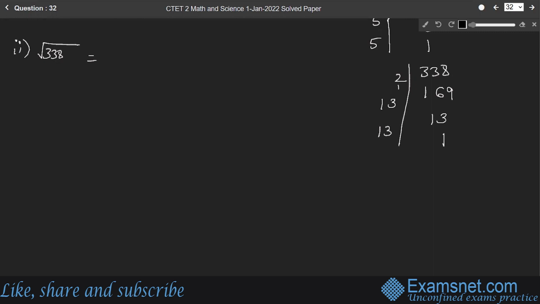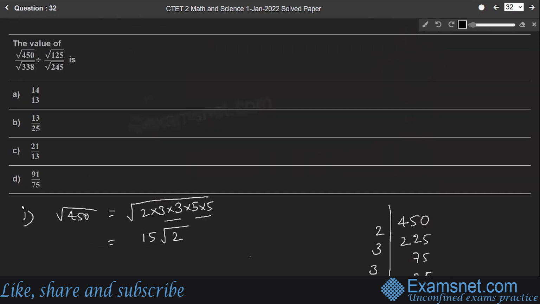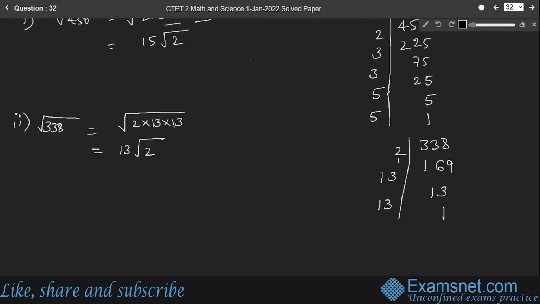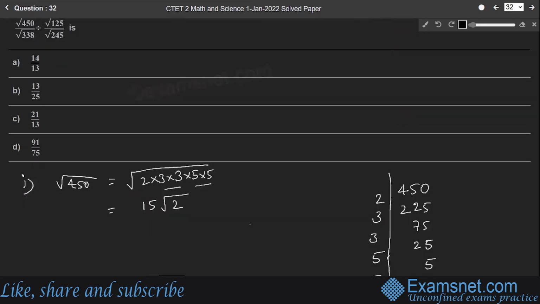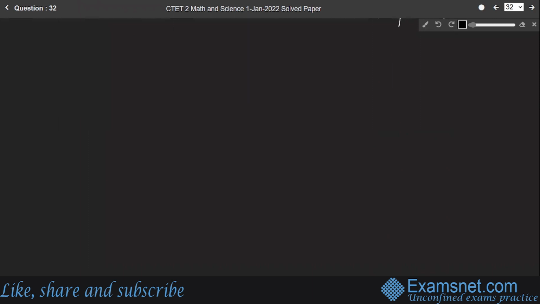Hence, square root of 2 into 13 into 13 is 13 root 2. Next number, square root of 125. Again by factorization method.